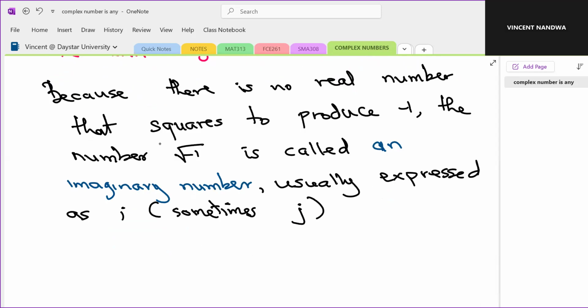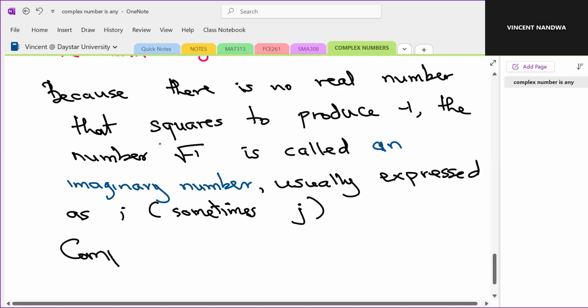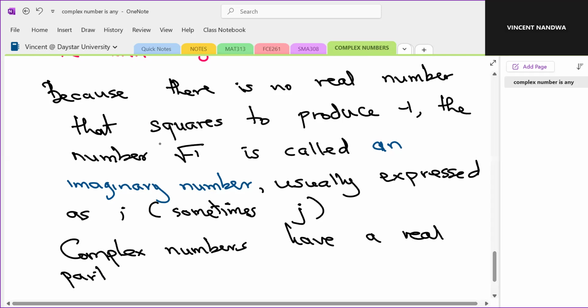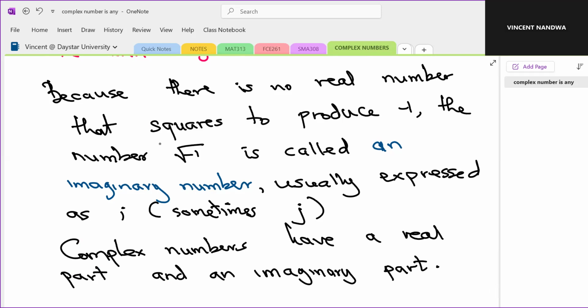So complex numbers have a real part and an imaginary part. And maybe we can formally give that definition of what we call a real part and imaginary part of a complex number.